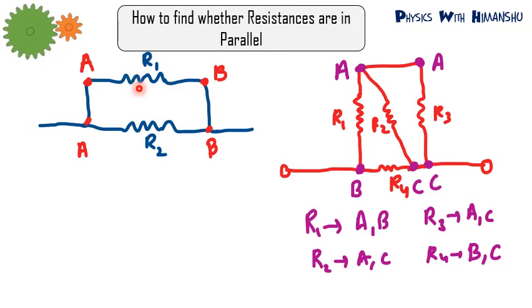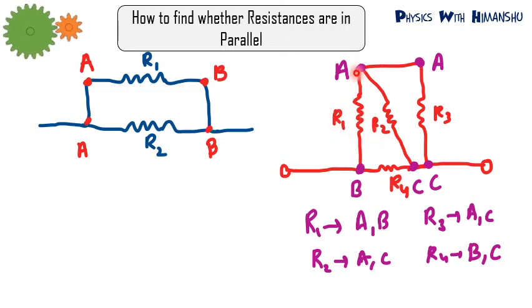You can directly check from the figure also. They are not in series, but this is a convenient way to check if they are in parallel or not. There is a complex circuit here. There is R1, R2, R3, R4. Now I have to check whether any combination is in parallel or not. So let us check R1.